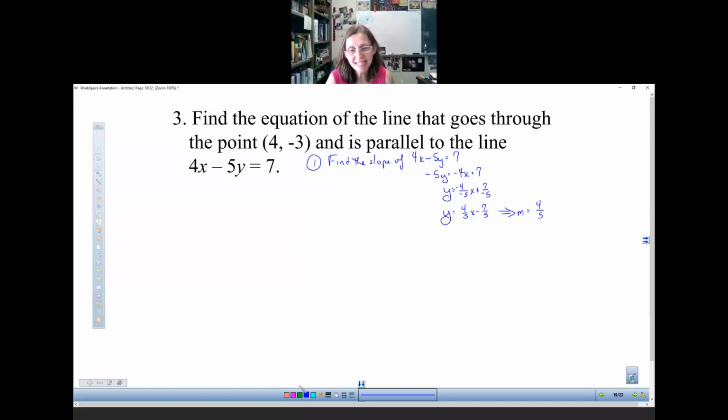The second step is we're going to take the slope of 4/5 and the point of 4, negative 3, and the formula y minus the y value is equal to the slope times x minus the x value, and we're going to write the equation. So I have y minus my negative 3 is equal to the slope times x minus 4.